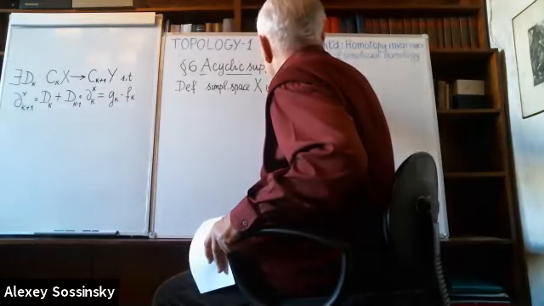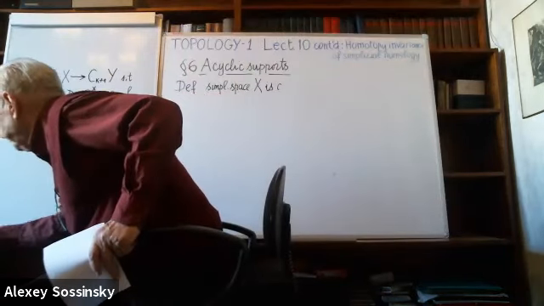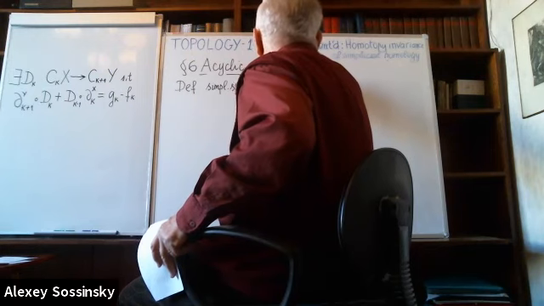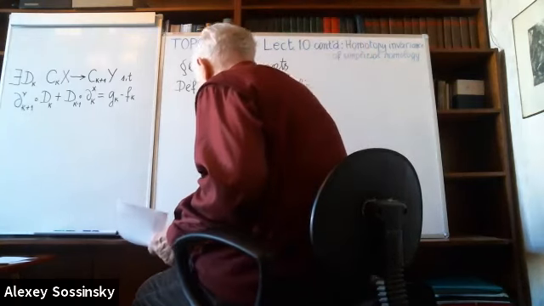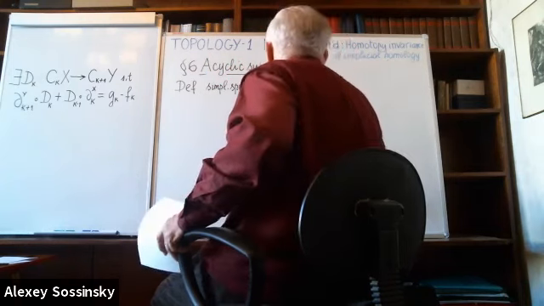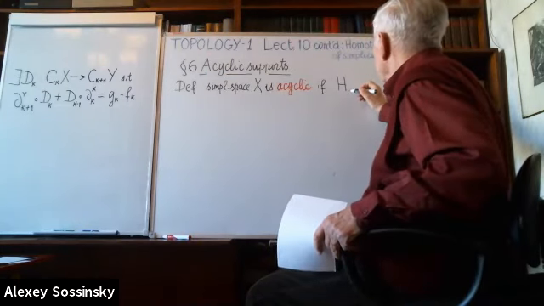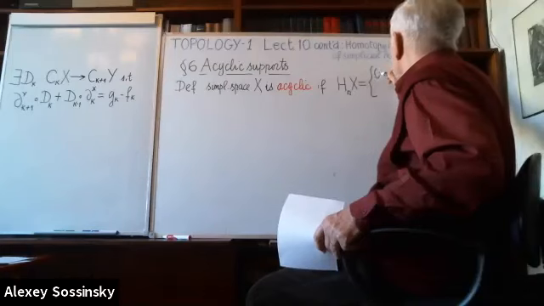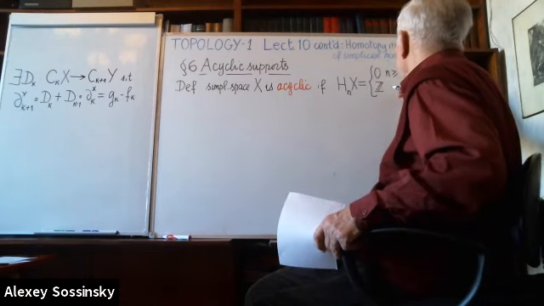X is acyclic if its homology is trivial, which means that Hn of X is 0 if n is greater than or equal to 1, and the integers if n equals 0.